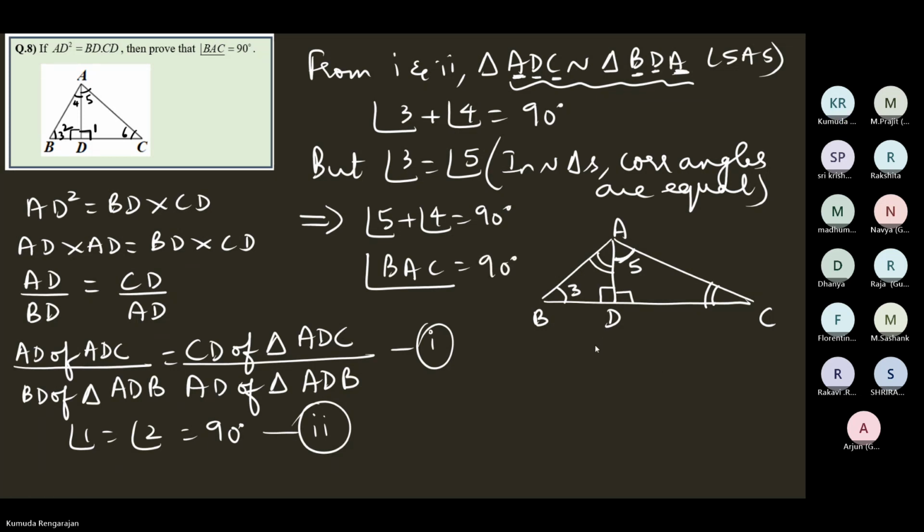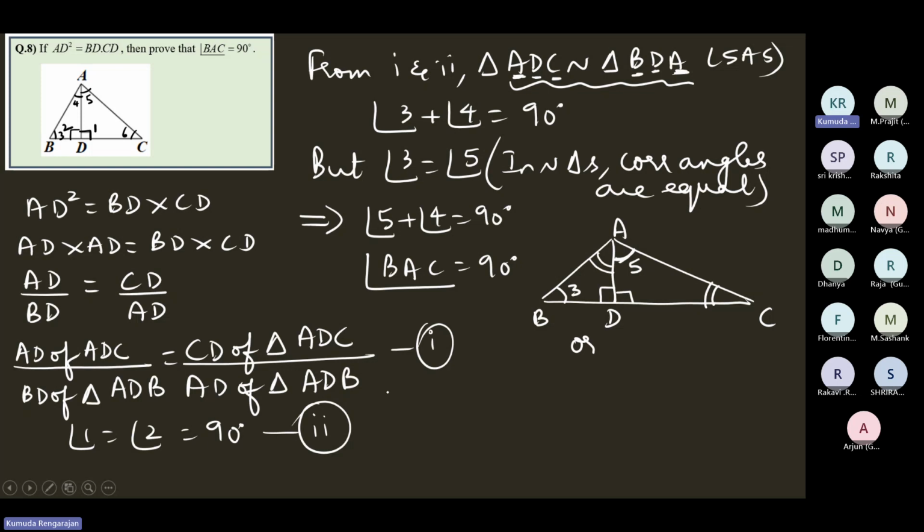Or, children, you can write angle 5 plus 6. See, we wrote angle 3 plus 4 is 90, right? Instead of that, you can also write angle 5 plus 6 is equal to 90. You cannot write angle 4 plus 5 is 90. That we don't know.